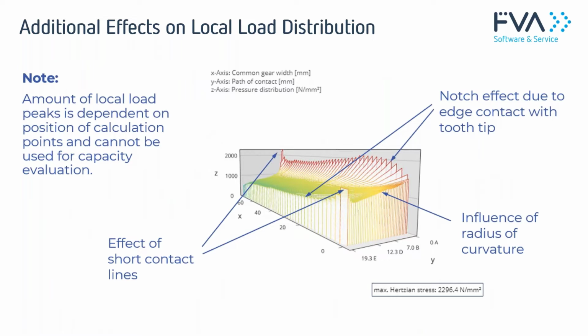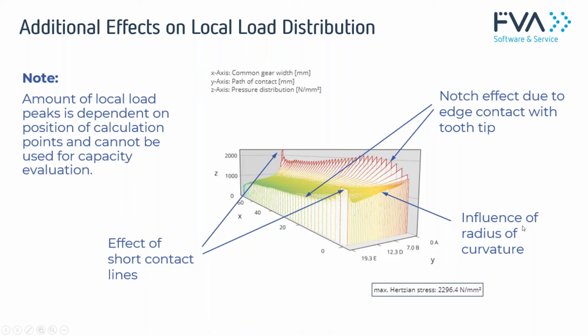If you use this most detailed calculation, you will get load distributions or pressure distributions which look like this for helical gears, for example. And then there are different effects which occur. A very important effect is the influence of the radius of curvature.